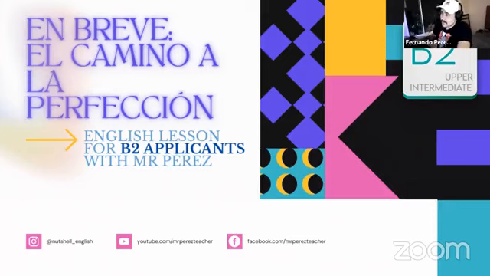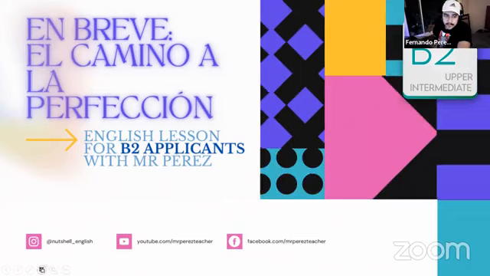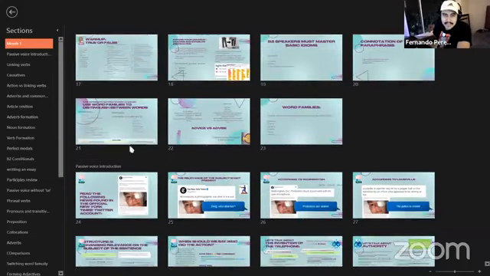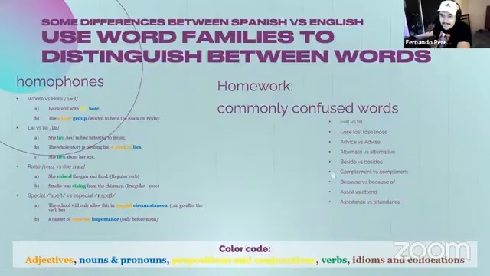Okay, so then let's start this class. We're going to check the homework that I gave you yesterday, but we are going to discover those differences through some theory that I'm going to teach you first.